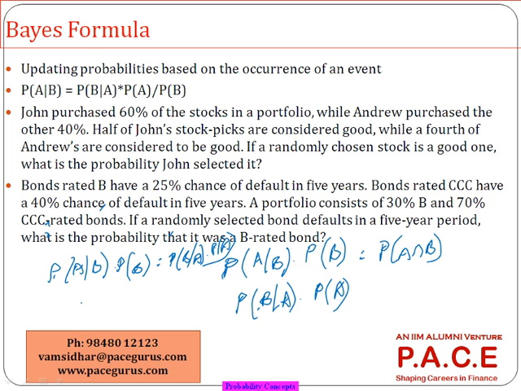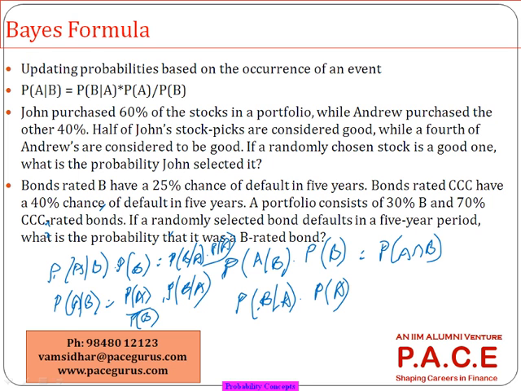And from here, it is coming out that P of A given B is equal to P of A by P of B into P of B given A. These two are getting equated. Now, what is it that we are saying here?